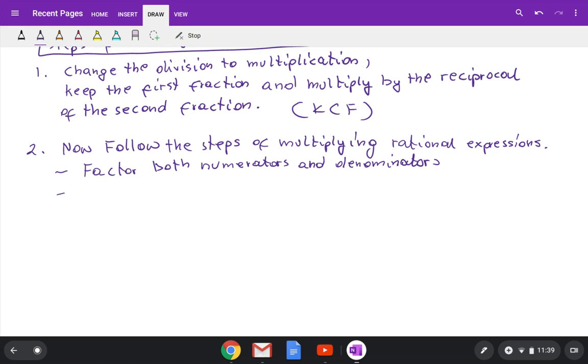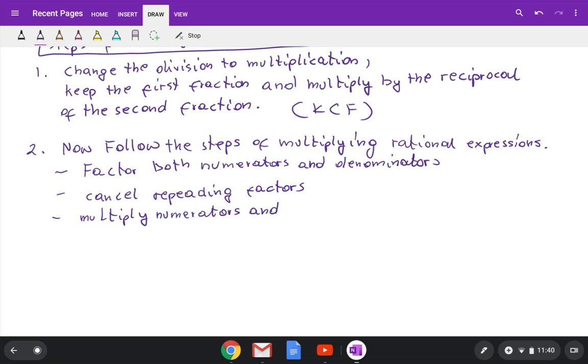Then you're going to cancel repeating factors, of course, the ones which repeat on the top and on the bottom. And then you're going to multiply numerators and denominators together.